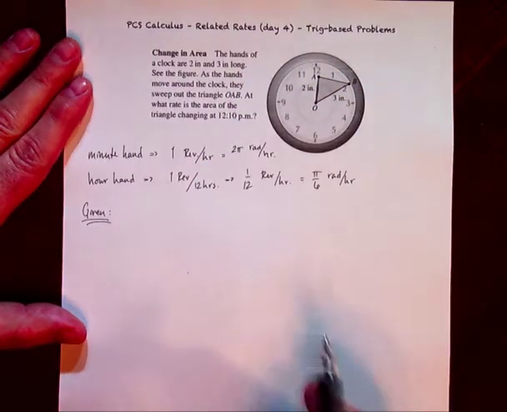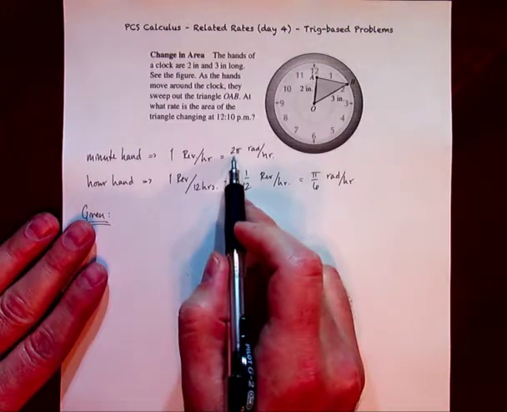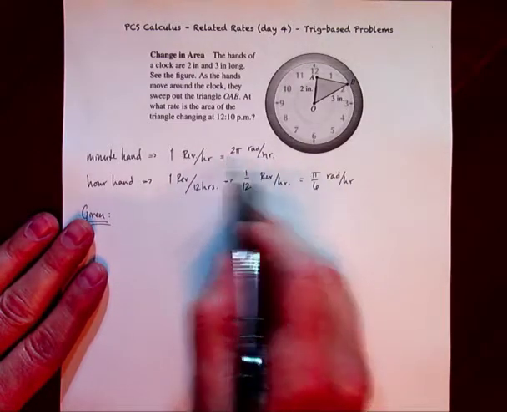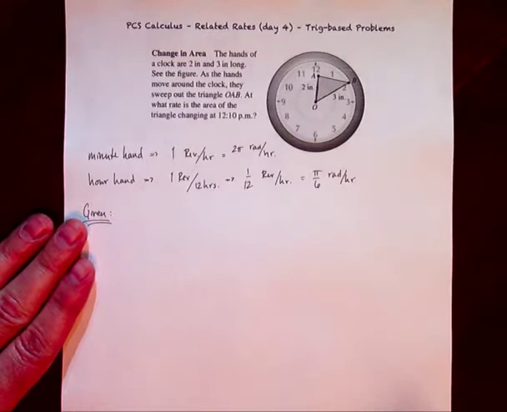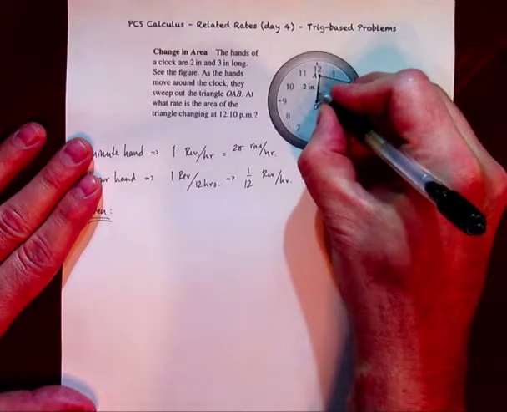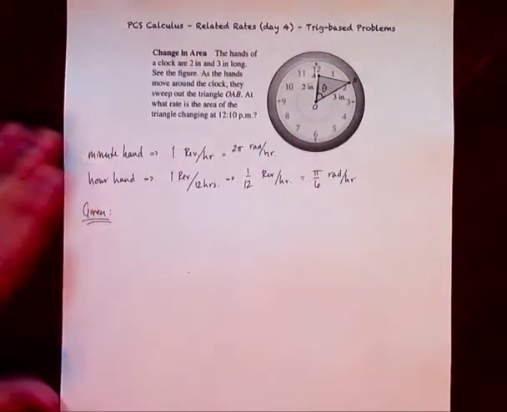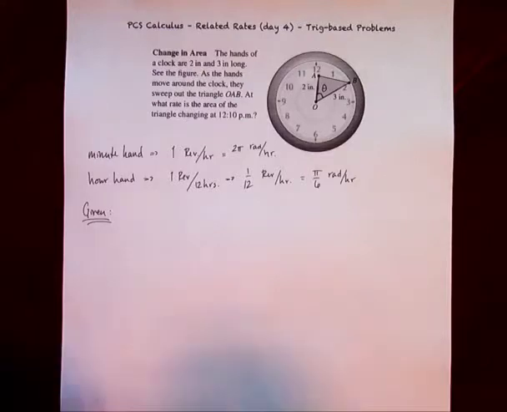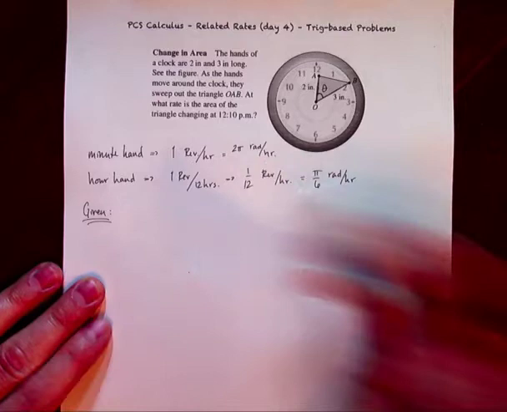And the minute hand is sweeping out at 2 pi radians per hour. The hour hand is following it. So if we're going to talk about this theta measurement right here, d theta dt is the difference between those, because the hour hand, as slow as it is, is actually creeping along a little bit and lessening that full 2 pi radians per hour.